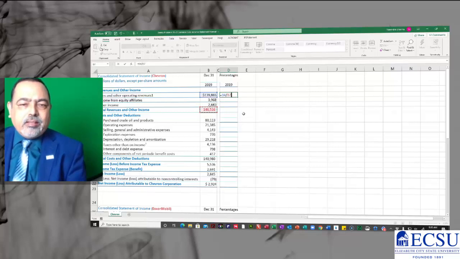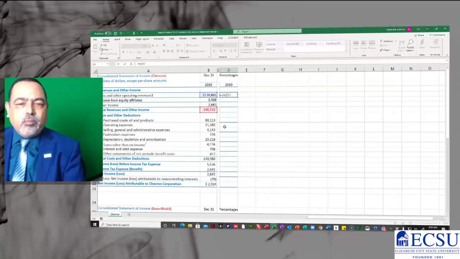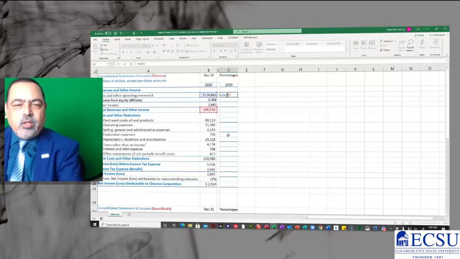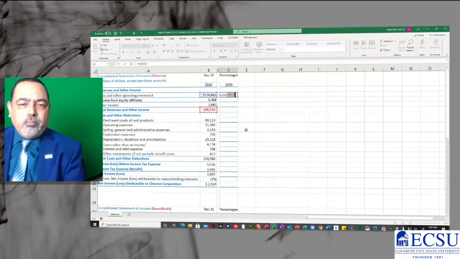Now, as I have been saying to you, we should be making the divider an absolute figure because we want to divide each and every line item by the same number. So I'm using F4 on my keyboard and then masking that.